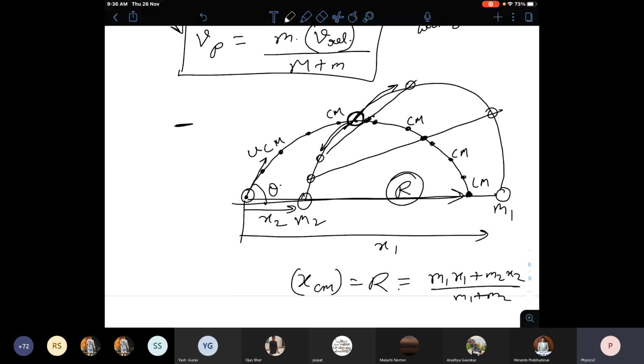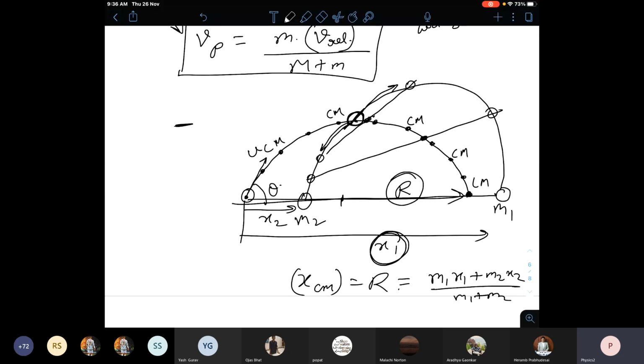One of the values will keep on varying, and you can calculate the value of x1 using this relation. Is it clear? This is a variation which can be produced, and you can simply solve it using this formula.